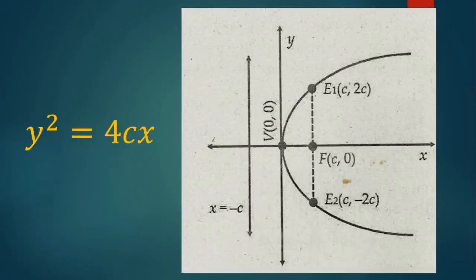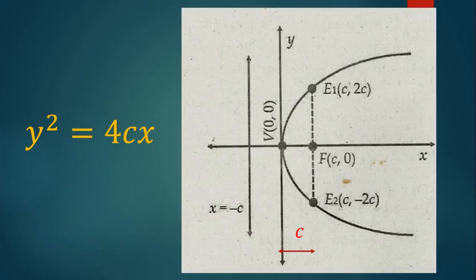Bakit ganon? Kasi ang distance of the focus dun sa ating vertex is c. So therefore, ang kanyang horizontal distance is c while the vertical distance is 0 kasi ang kanyang focus is located on the x-axis. Walang value ang kanyang ordinate, or 0.